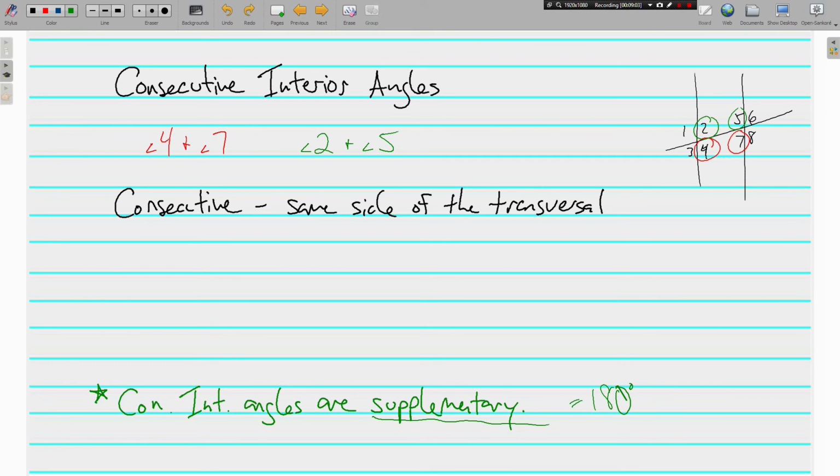So if I told you that angle 2 was 80 degrees, and you know that 2 and 5 are supplementary, you know 5 has to be 100. If you knew that angle 4 was 100 degrees, then you know angle 7 would have to be 80 degrees. Those are consecutive interior angles.